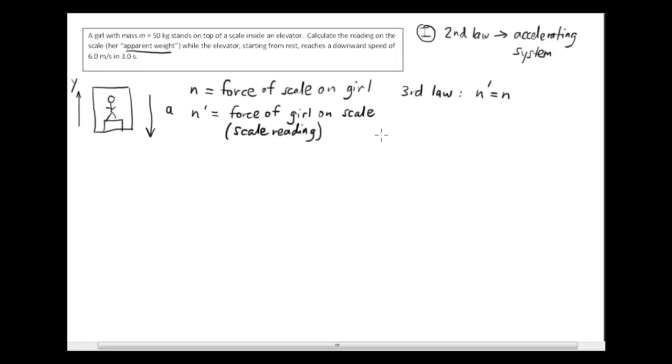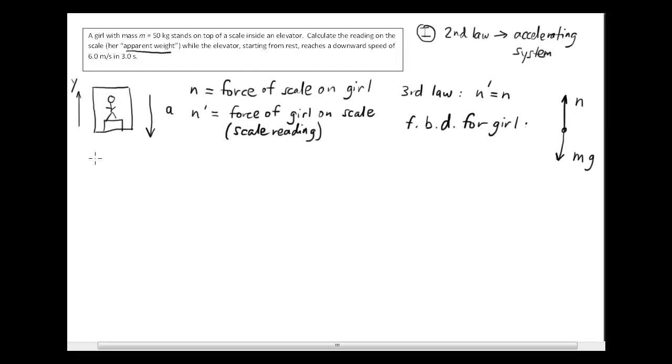So now we go ahead and draw a free body diagram for the girl. And that's easy enough to do here. With the girl, we've got the force mg, which is her weight. That's, of course, downward. The force of the scale pushing up on her, that's N, and those are the only forces acting on the girl.